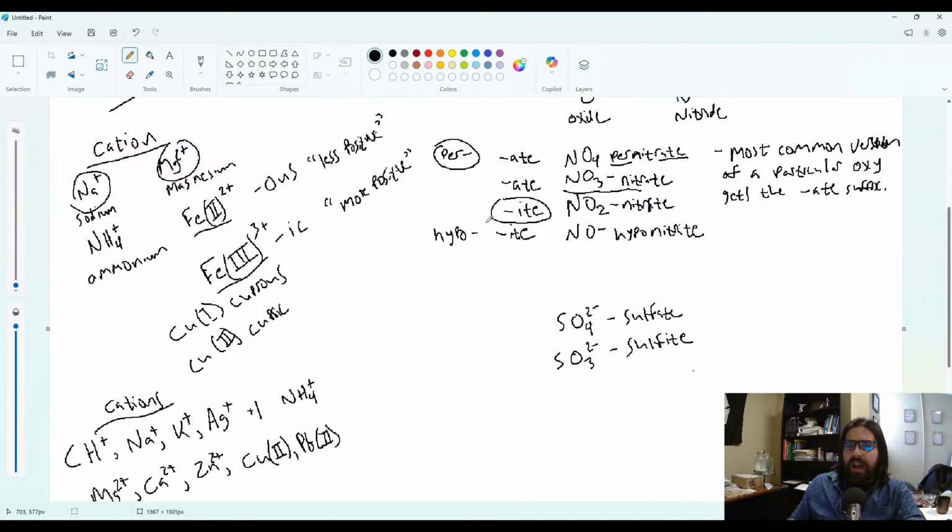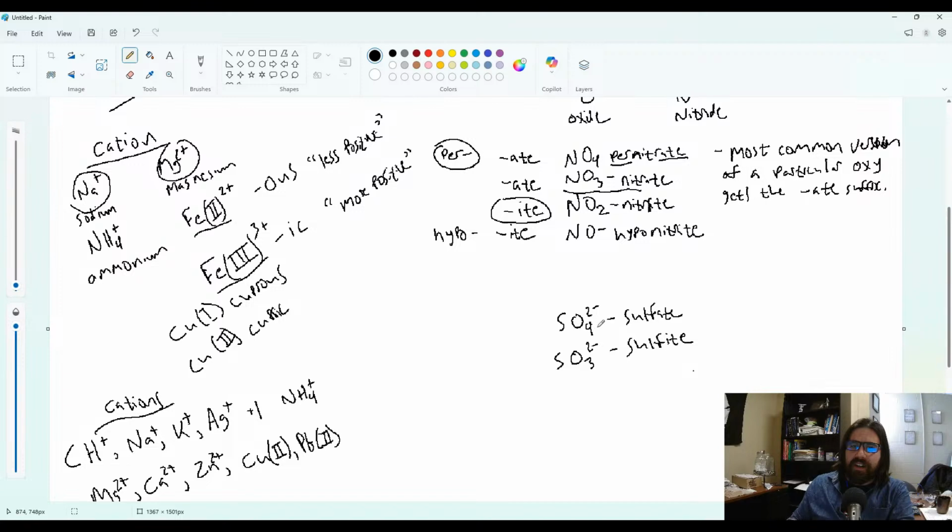So now what you can start doing is once you figure out what the most common version is, so nitrate or sulfate or what have you, then you can tell how many oxygens are present in all of the other different permutations. So in the case of sulfate, we know that SO4 is sulfate.